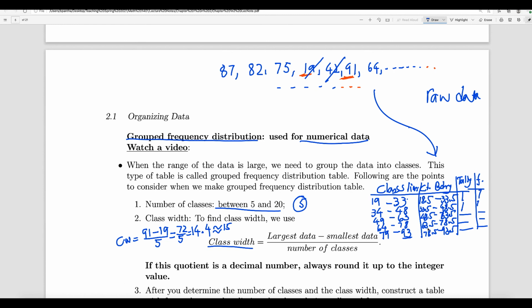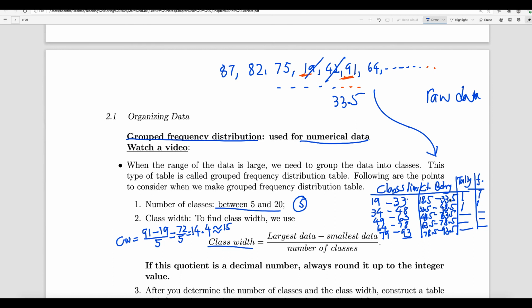Now, your question may be, if there is a data point that is, let's say, 33.5, do we count that in the first class or the second class? That is a very good question, right? But always keep in mind that the upper boundary of each class in the class boundary falls in the next class, okay?